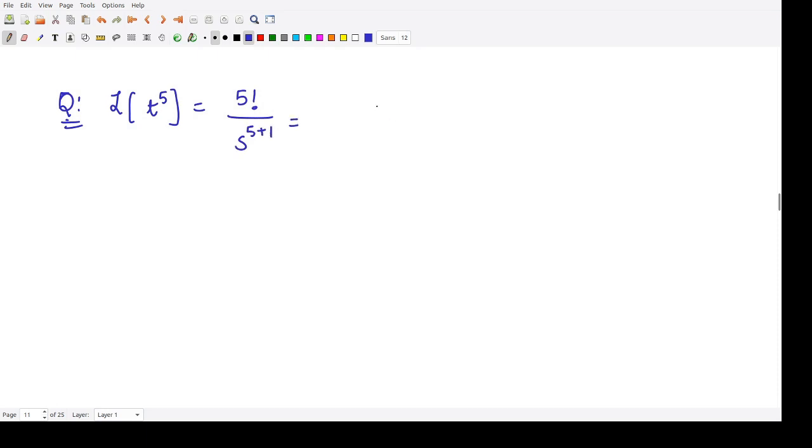So we have the final answer as 5 factorial divided by s raised to power 6. Now it is up to you whether you want to solve this factorial or not. When you solve it, you would have 5 into 4 into 3 into 2 into 1 divided by s raised to power 6. So this becomes 20 into 6, that is 120 divided by s raised to power 6. So that is the Laplace transform of t to the power 5.